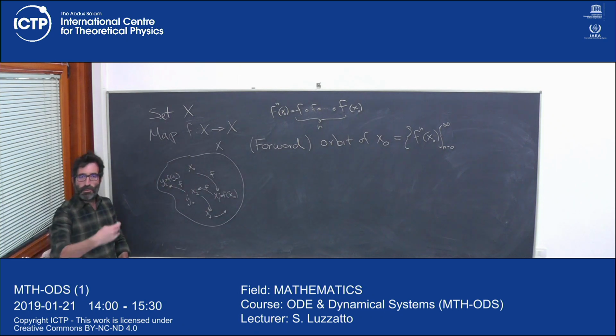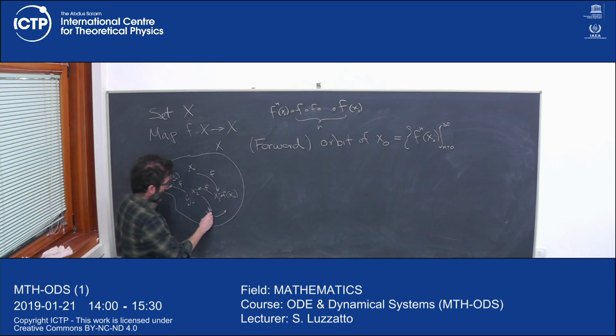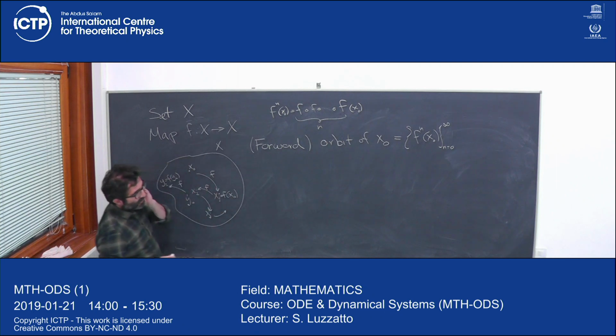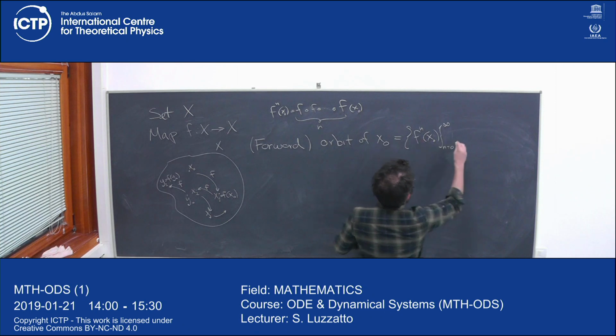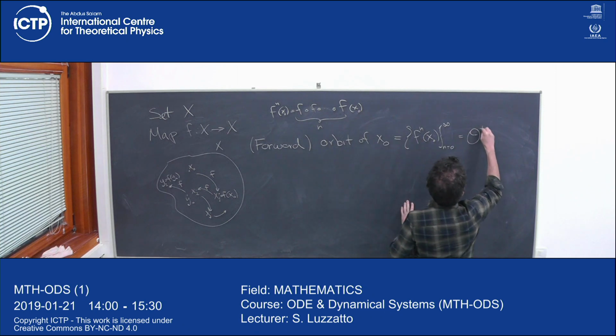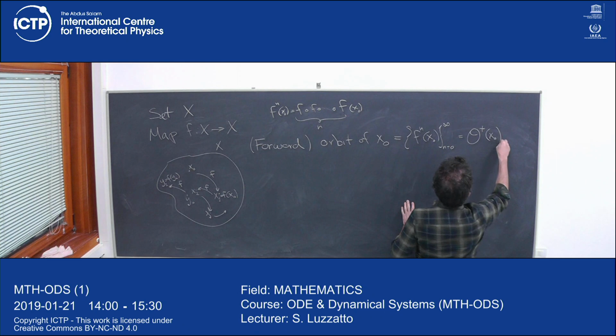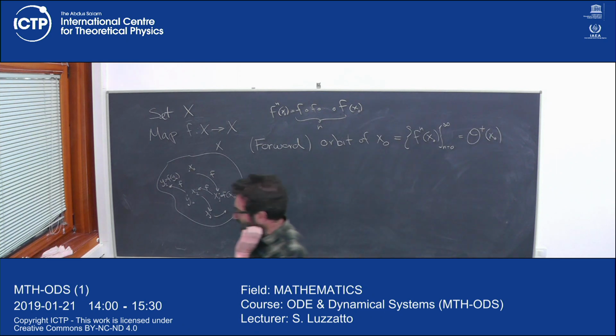Right? Because you can keep doing this. So do you require the f to be invertible? That's right. So not necessarily. So this I write, this is the notation I will use for the forward orbit.